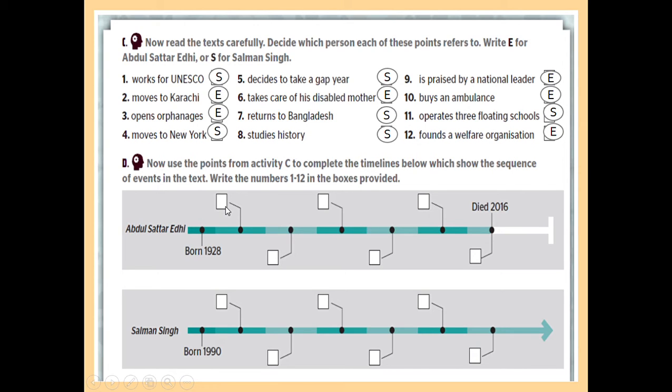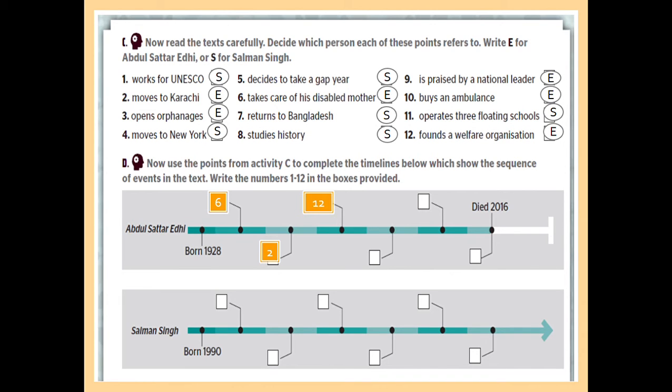Abdul Sattar Edhi. He was born in 1928. The first thing about him, yes, that's right, is that he took care of his disabled mother. Then, 2. He moves to Karachi. 12.